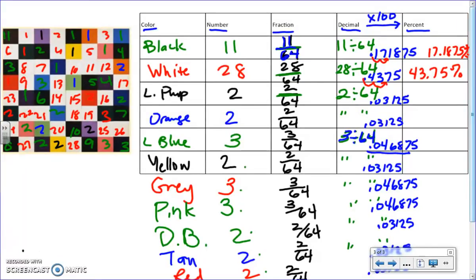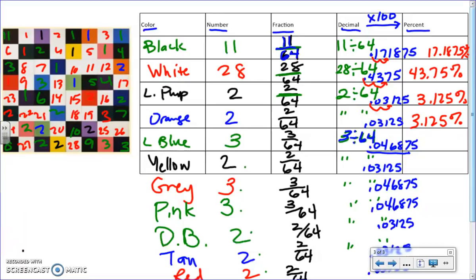The 100 is really important for percent, knowing that number. This one said 0.03125, and so I wouldn't write 0.03125%. I would just write 3.125%. I wouldn't need to write the 0 in front of the 3. Again, I would have the same thing. That's the same exact calculation.